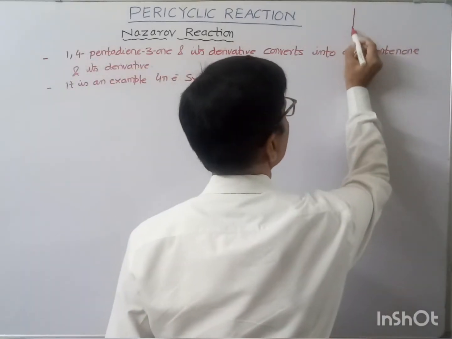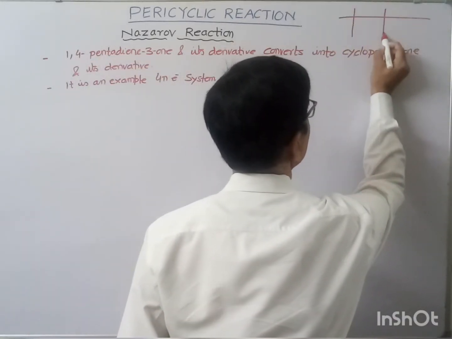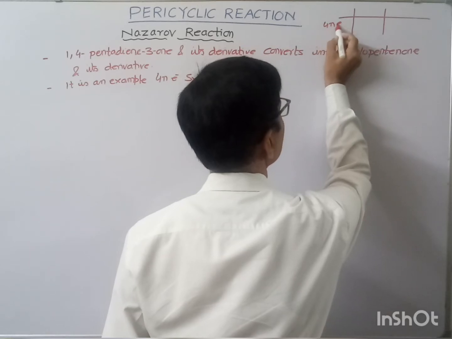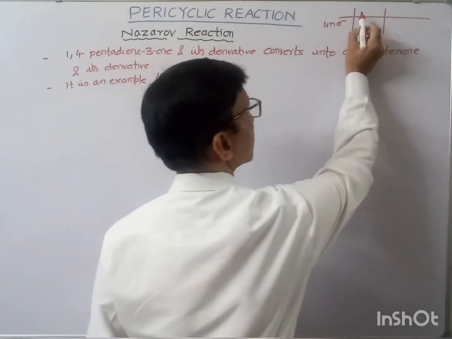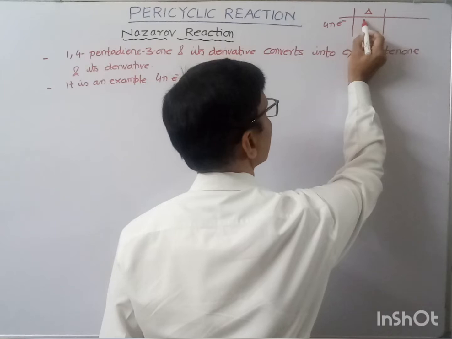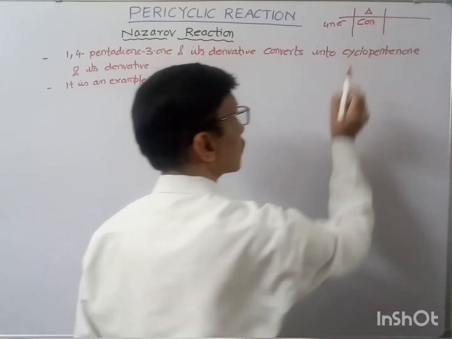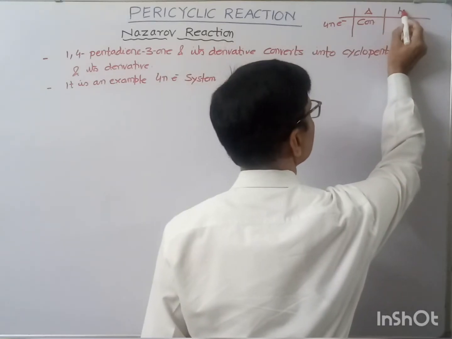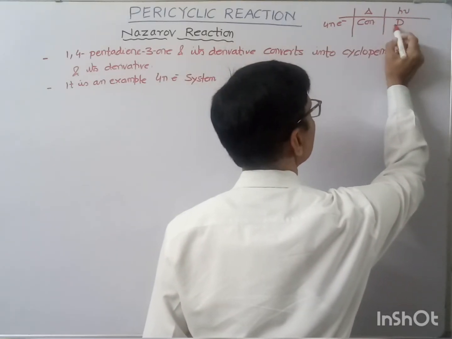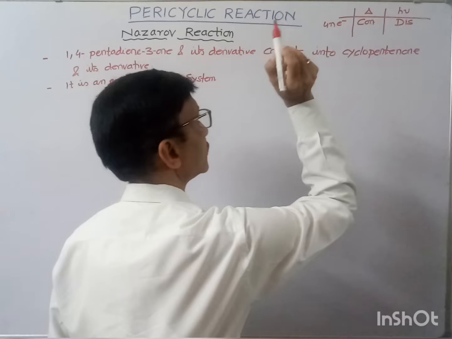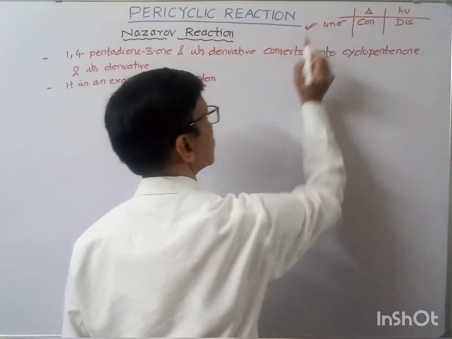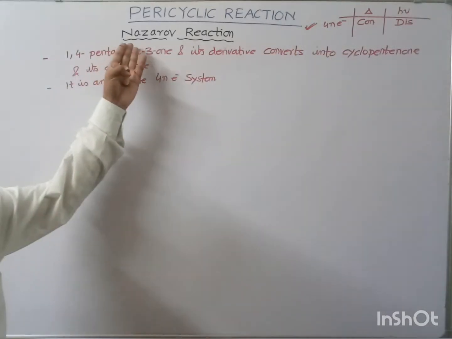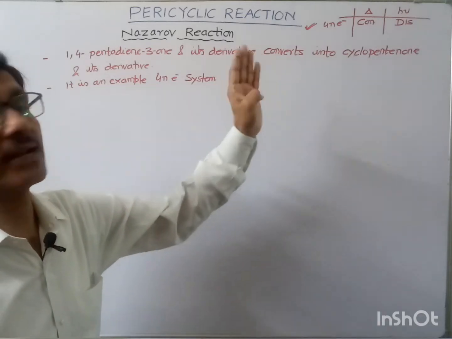If we have a 4n electron system, then under thermal condition the orbitals will undergo conrotatory motion, whereas under photochemical condition orbitals will undergo disrotatory motion. So this is for 4n electron system. This Nazarov reaction is an example of a 4n electron system.